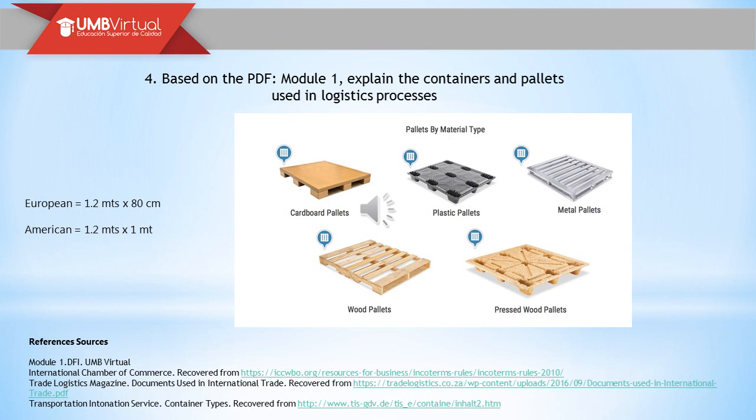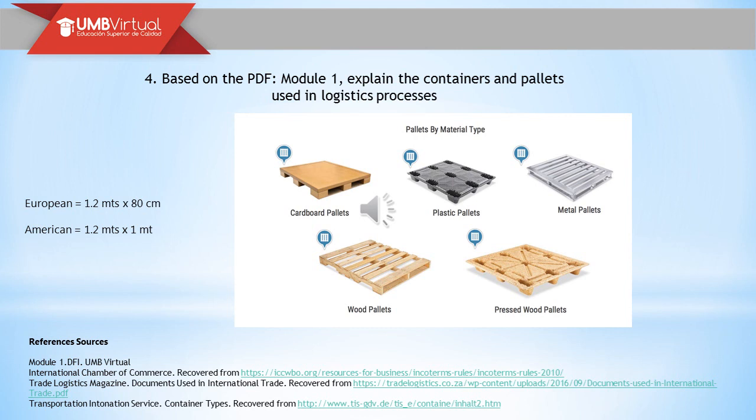And continue with the fourth question. This is with regards to the pallets. There are some kinds of pallets, depending on the material they are made of, and there are 5 kinds of those. There are cardboard ones, used for paper, and they are very light.